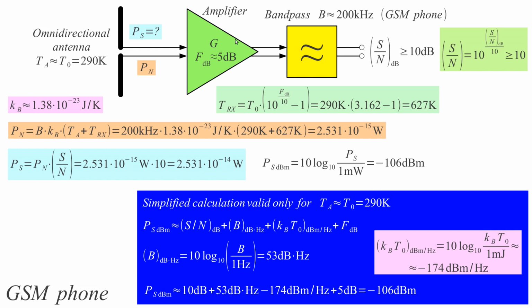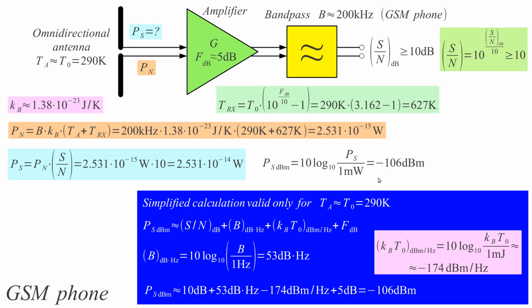The noise figure is how much this amplifier degrades the signal-to-noise ratio. This only holds when the antenna temperature is at the reference temperature, but the GSM phone is one of those cases where it works.